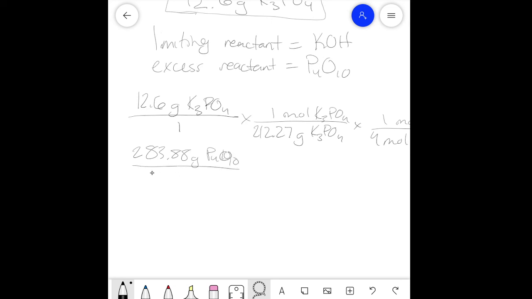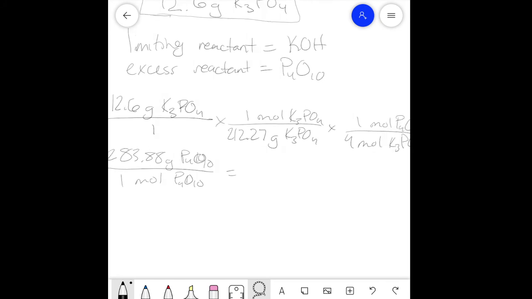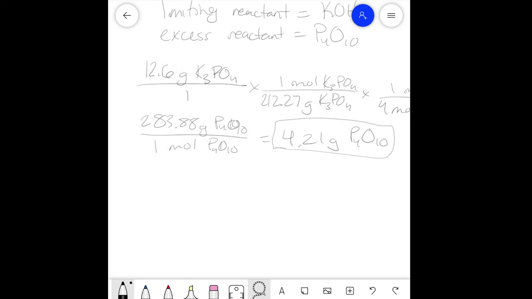Come over here and then just put the molar mass of that on top. 284. And so that will give us 4.21 grams of phosphorus oxide. If the question asked how much is left over, we would take this amount and we would subtract it from the amount we started with. So that'd be 5.00 grams minus 4.21 grams.